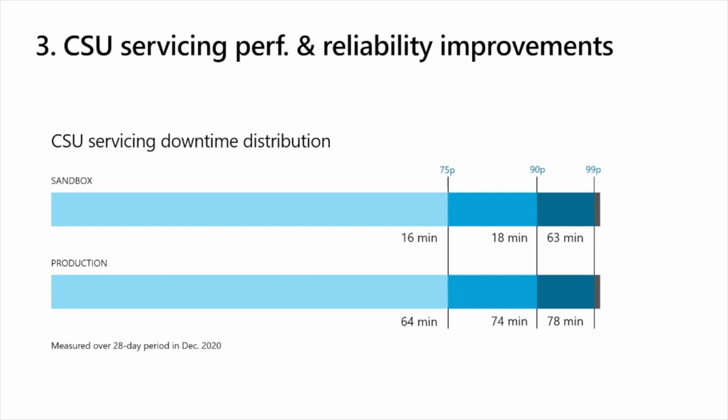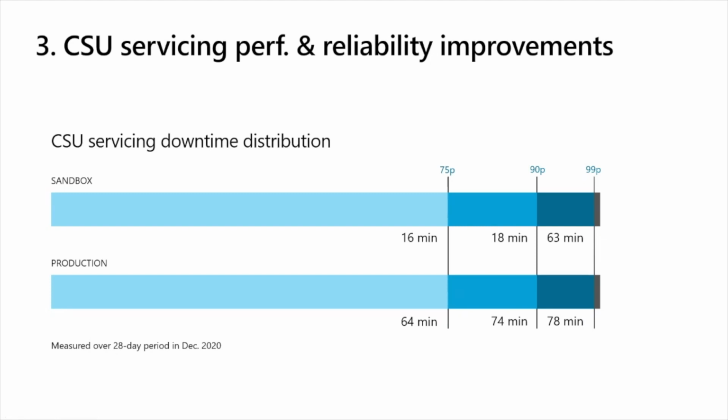That capability at this point has been rolled out to CSUs for sandbox environments. In this chart, you'll see that for sandbox environment CSUs, the 75th percentile is about 16 minutes, the 90th percentile is 18 minutes, and in the worst case the 99th percentile is still under an hour.